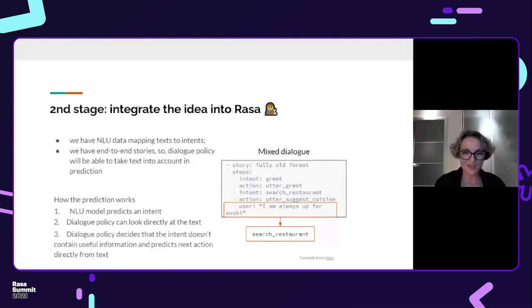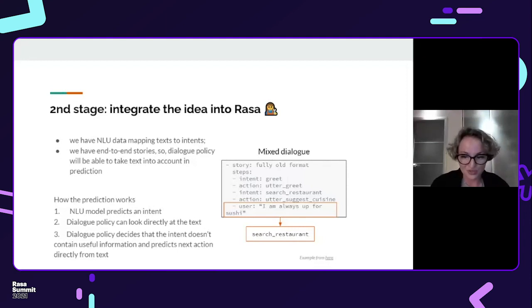And at this point, the dialogue policy is empowered to decide that the intent doesn't have any useful information, and it can predict the next action directly from the text, I'm always up for sushi.